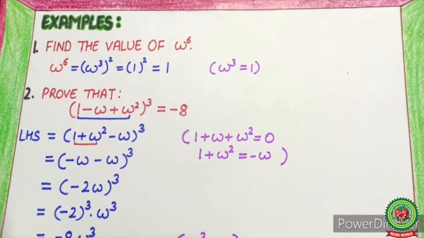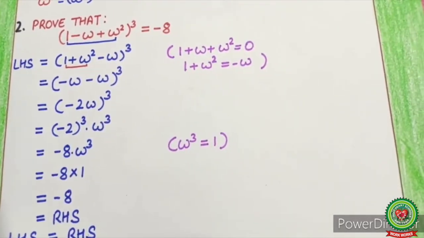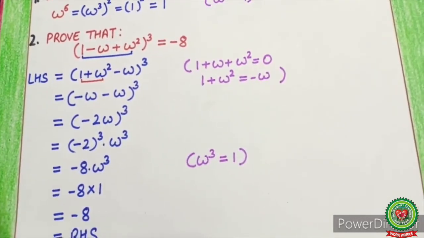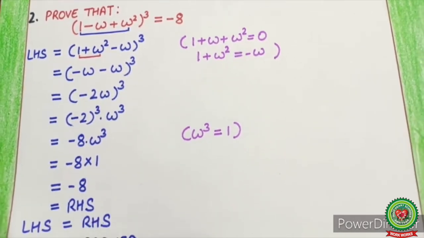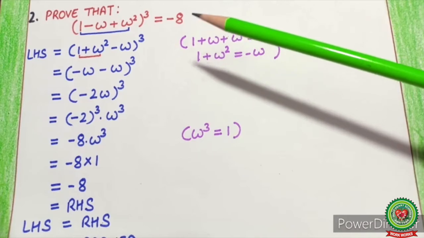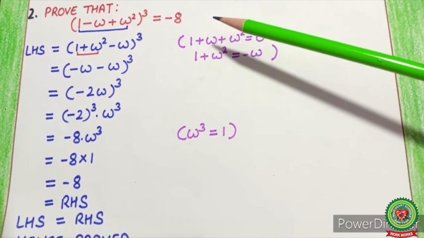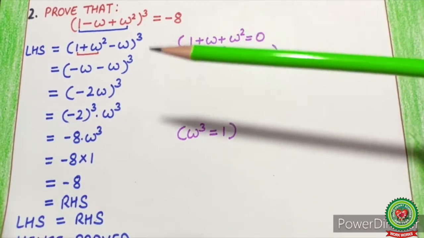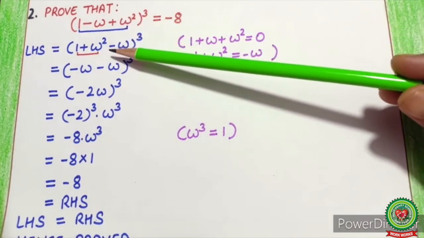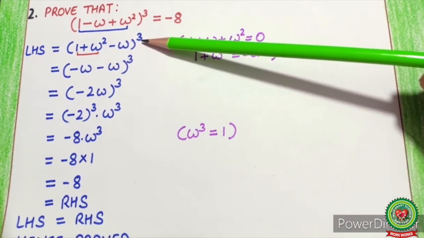Now the second example is how to prove a question related to omega. Our question is: prove that (1 minus omega plus omega square) whole cube is equal to minus 8. First of all, our left side is (1 plus omega square minus omega) whole raised to power 3.